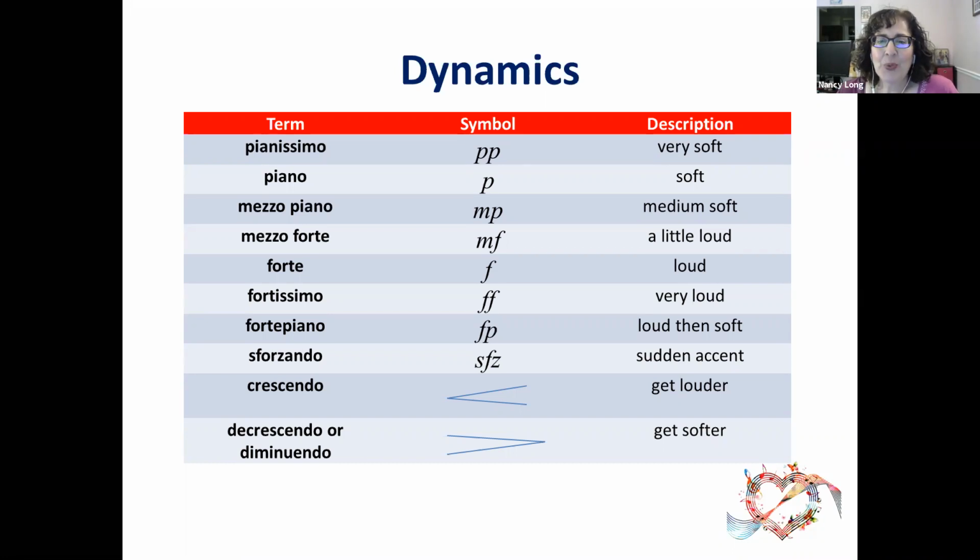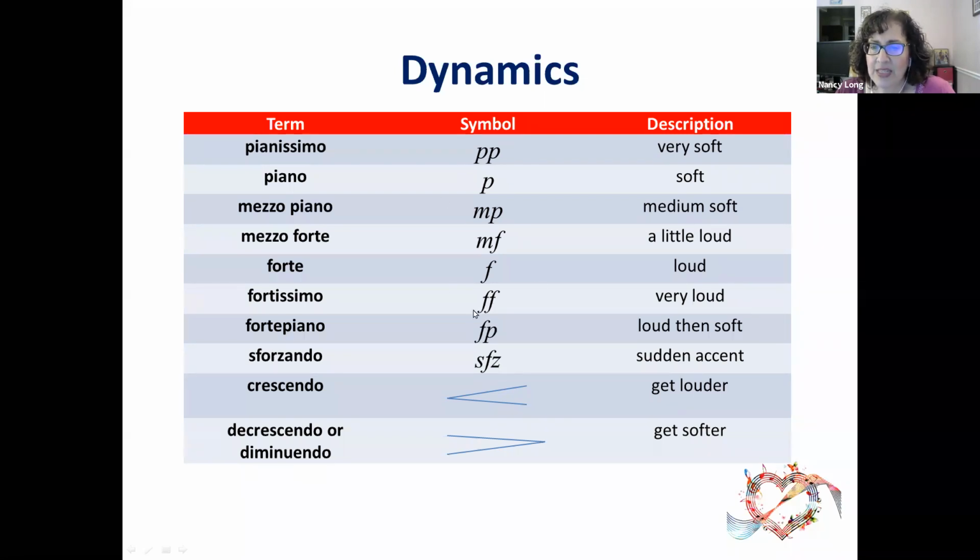That's hard. Okay, so we have these different dynamic symbols, and they can go from very soft to very loud. Typically, you don't see a forte piano or a sforzando in our music as a rule.